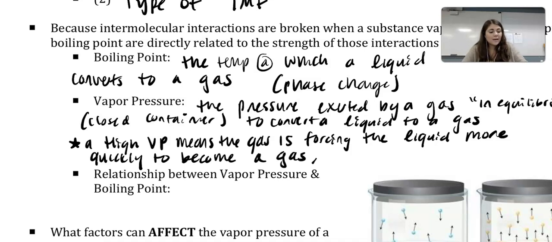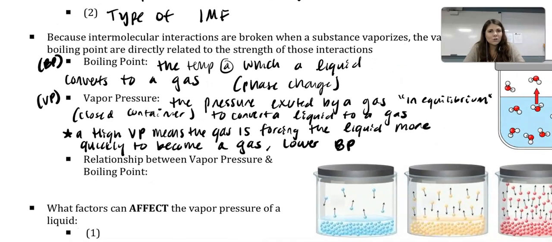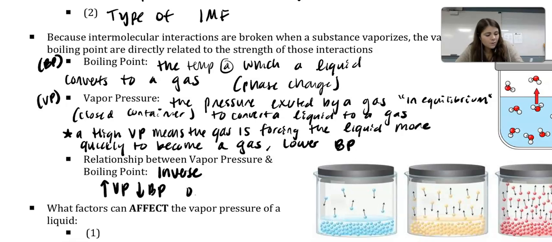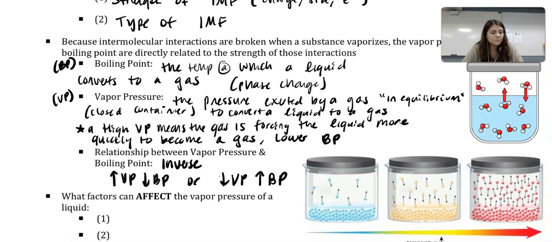So here, it's actually going to have a lower BP, boiling point. What is the relationship between vapor pressure and boiling point? It's actually inverse. A high vapor pressure means a low boiling point, and a low vapor pressure means a high boiling point.